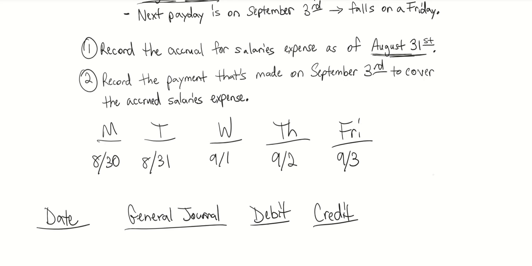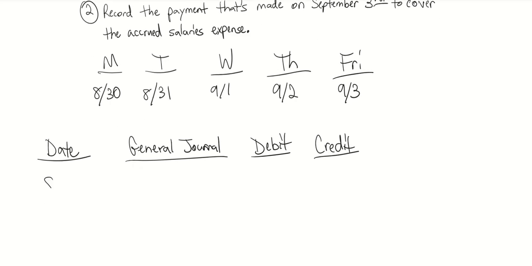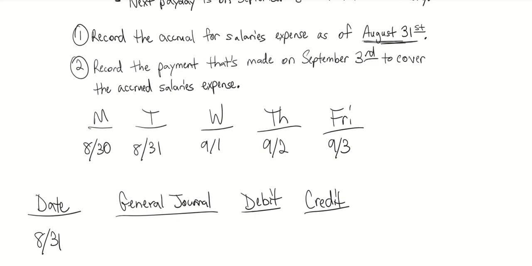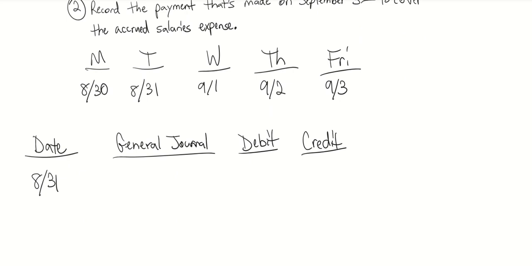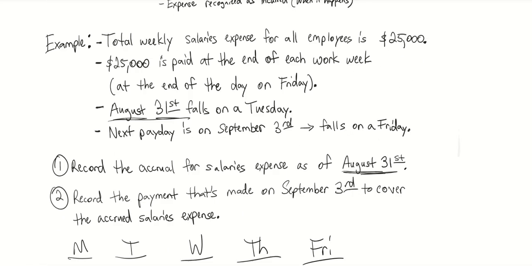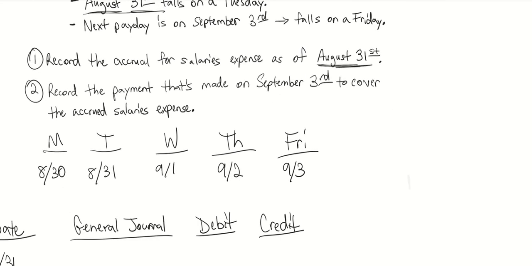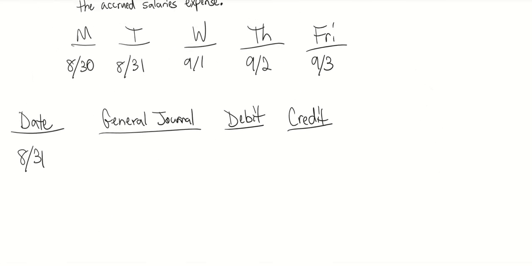The date that we're going to use is August 31st, because it says we got to record the accrual for salaries expense as of August 31st. The first thing we need to do is go back up here and grab this $25,000, because that's the amount of the salaries that are paid to employees.